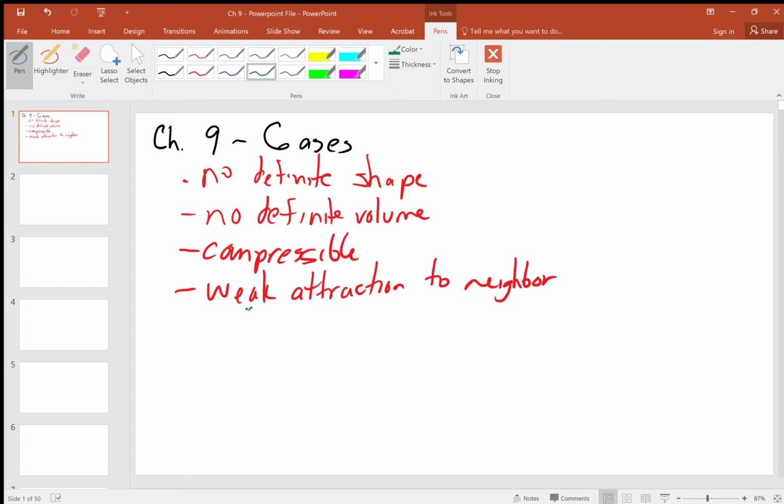In addition, because of this, mixtures of gases are almost always homogeneous. You won't really see two layers. And if you do see two layers of gases, it, in most cases, will mean they just haven't had enough time to mix thoroughly.